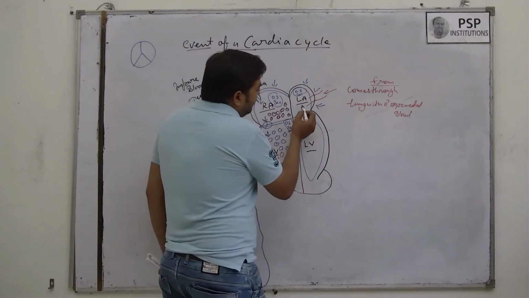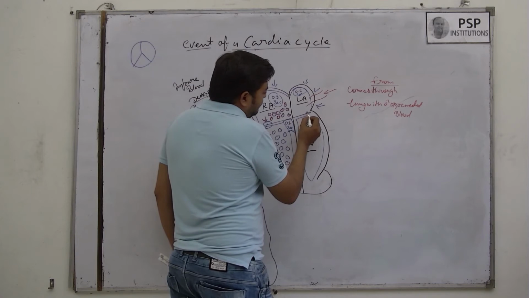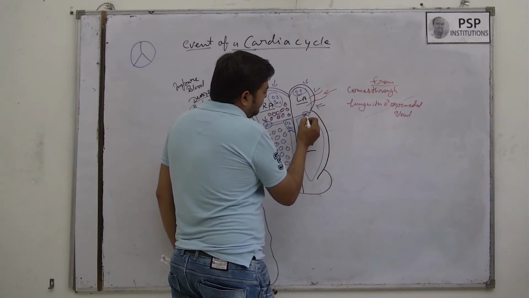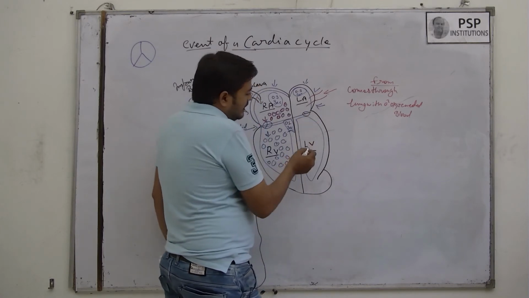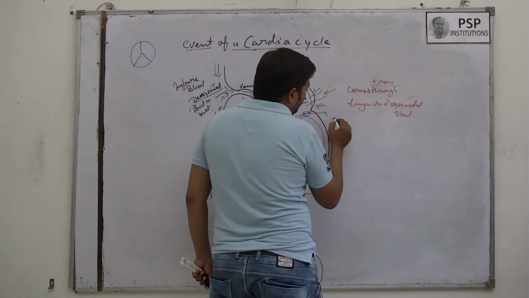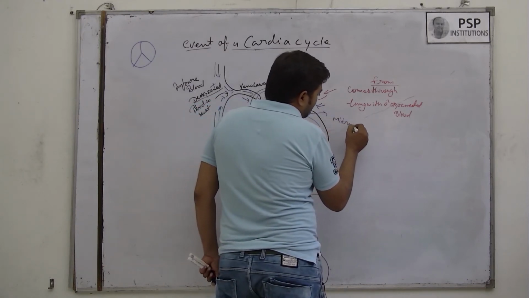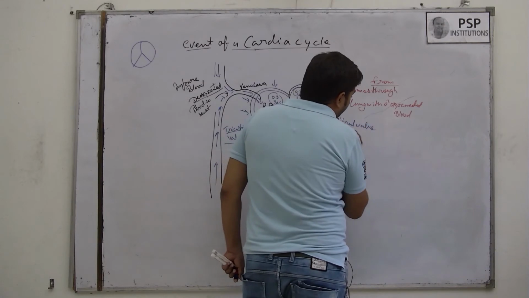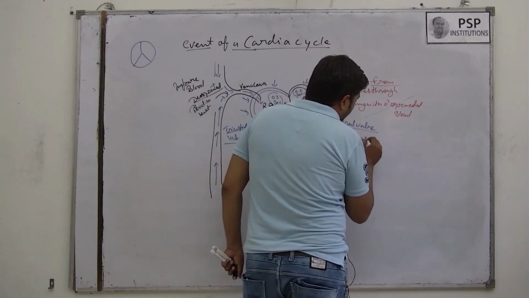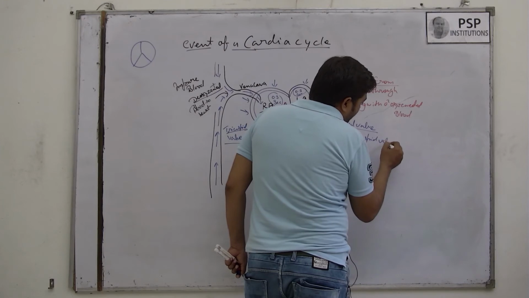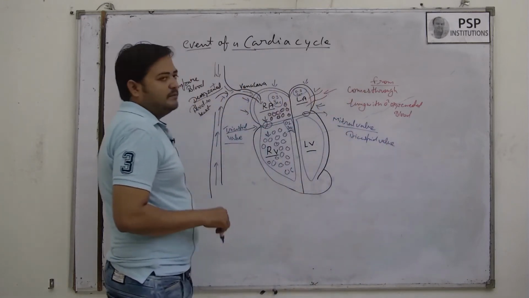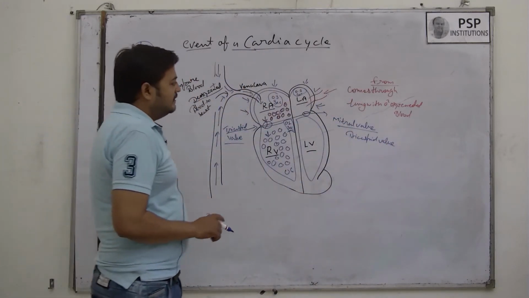And from the left atrium to the left ventricle through the mitral valve or bicuspid valve. It is called the mitral valve or bicuspid valve.